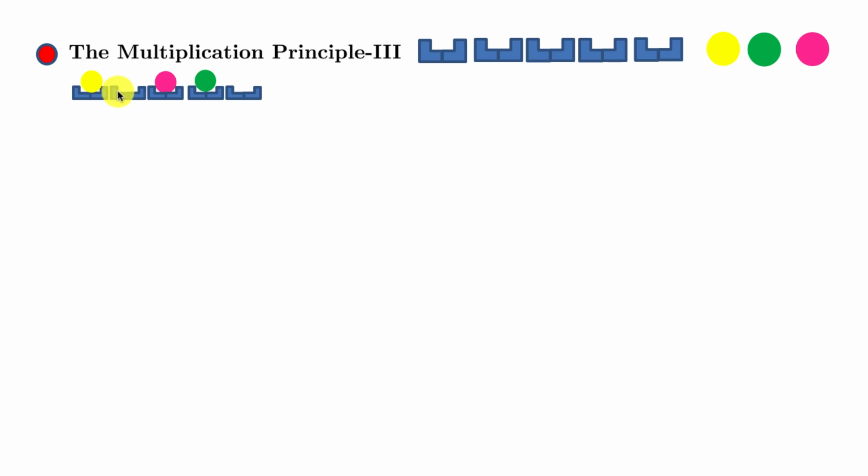That means that there are 4 empty spaces left. Then we can put this ball into one of those 4 empty spaces. That means there are 3 left. And this last ball can be put into any one of those 3 empty spaces. So the total number of different combinations that are possible are 5 into 4 into 3.